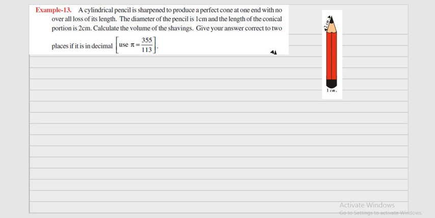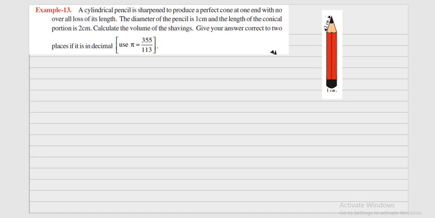Now what do we need to do here? Before sharpening, how does the pencil look? It will look like this particular cylinder only, so it looks like a cylinder. After sharpening we are going to get this particular shape, right? That means, what are the shavings here? Shavings are nothing but the volume of cylinder minus the volume of cone.